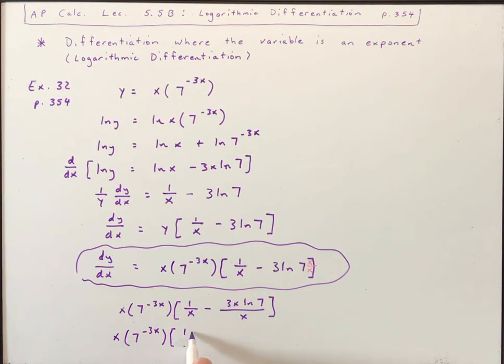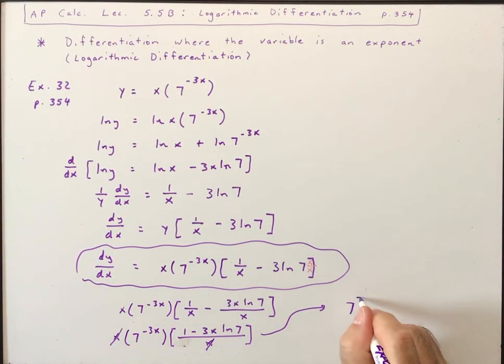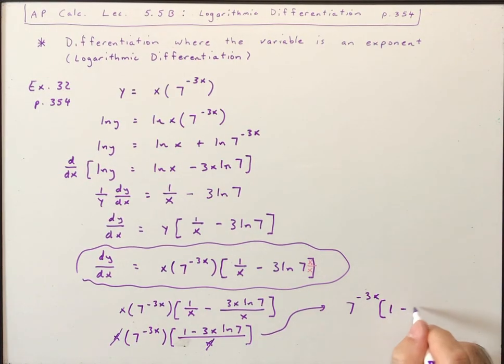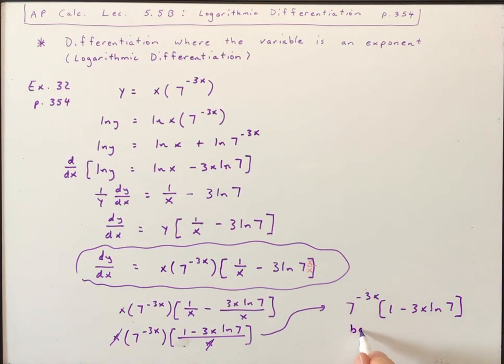So you'd have 1 minus 3x natural log 7 over x, because they both have the same denominator. And now that x would cancel and that x would cancel. So you'd have 7 to the minus 3x times 1 minus 3x natural log 7. So that's what you would see in the back of the book.